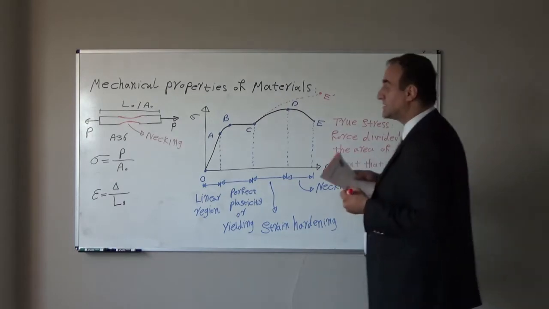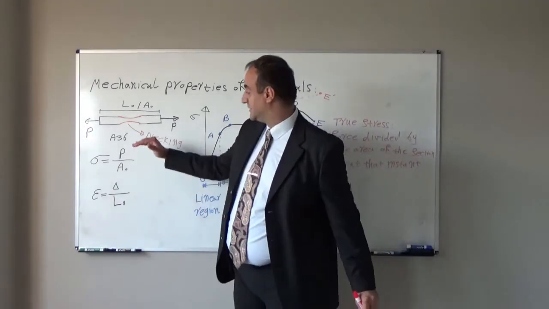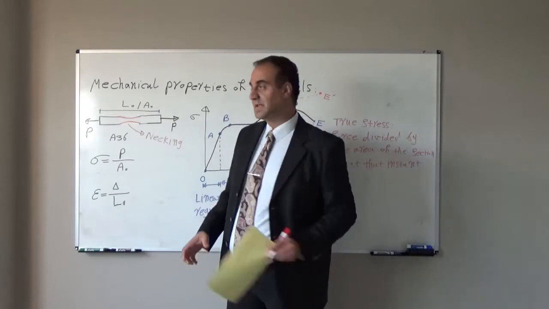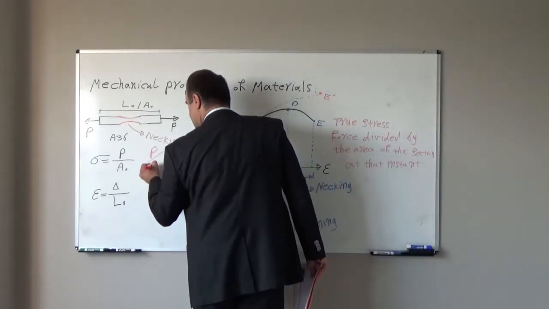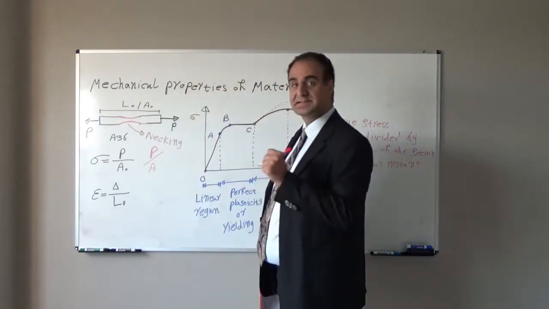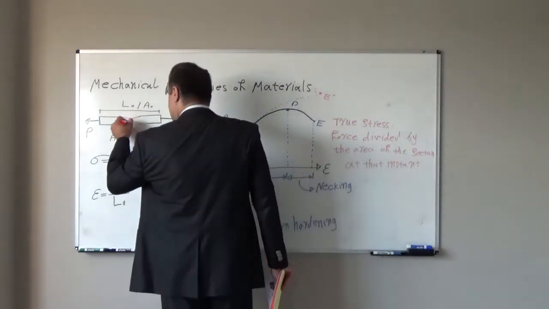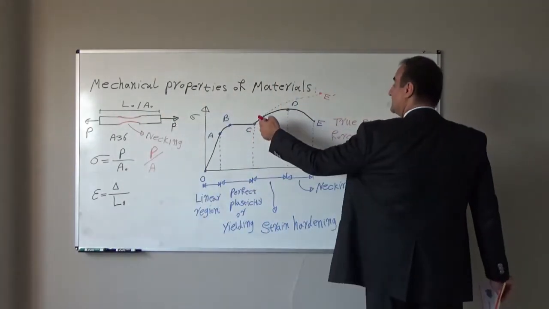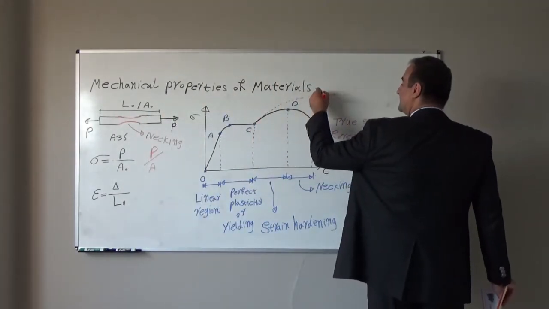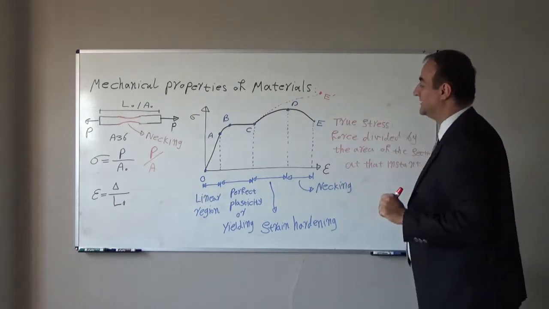So instead of dividing load by initial cross-sectional area, I can divide load by the cross-sectional area at that instant. That cross-sectional area is smaller. So what will happen? Stress will get bigger and bigger, and we will have the failure point here.